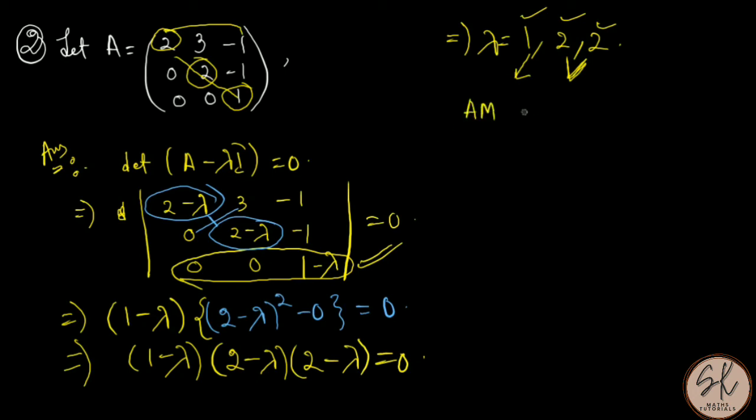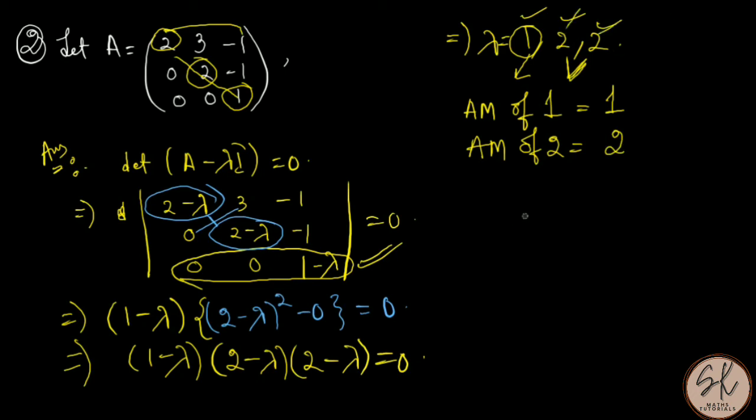The algebraic multiplicity of 1 is 1, because it occurs just once here, and the algebraic multiplicity of 2 is 2, because it occurs 2 times.